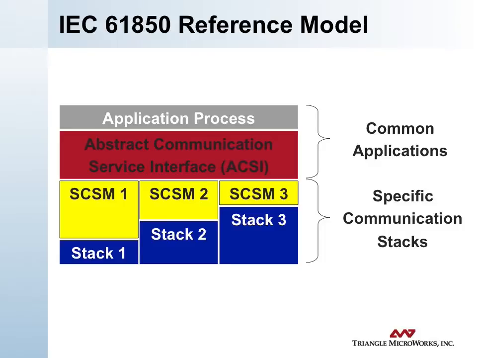Specific Communication Service Mapping, SCSM, is the term used for the document that describes the mapping of those abstract communication services onto some kind of communication stack. The first one developed was Part 8-1, which defines the mapping of the abstract services to MMS, Manufacturing Message Specification, which runs over the TCP/IP stack.